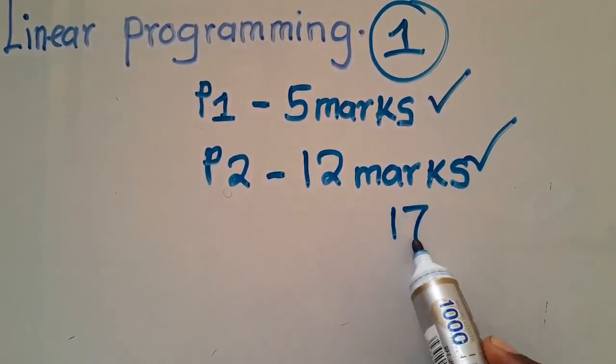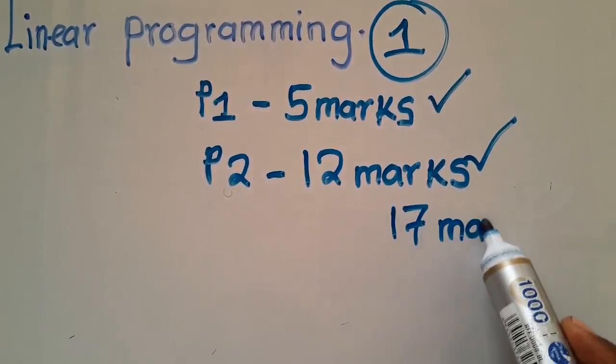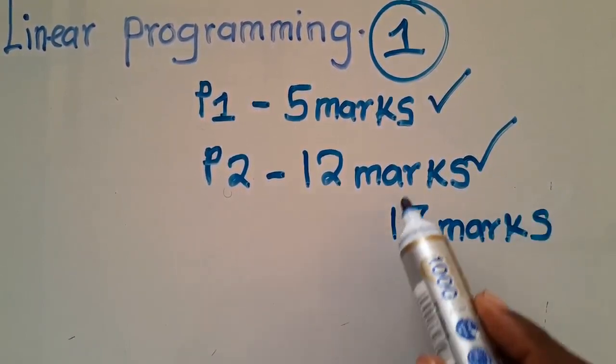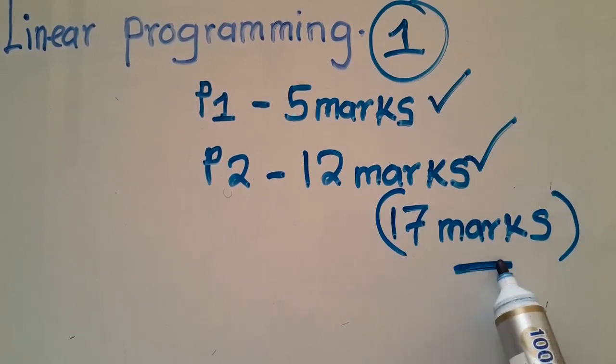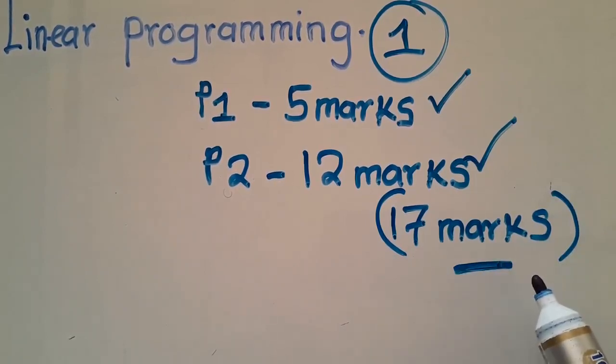Altogether, we are talking about 17 marks. These are a lot of marks. People get a 0 out of a paper. So we are going to start with linear programming that comes in paper 1 and carries 5 marks.